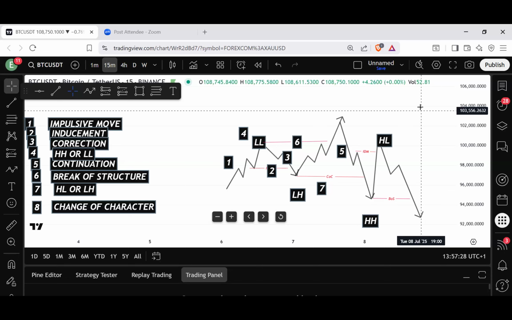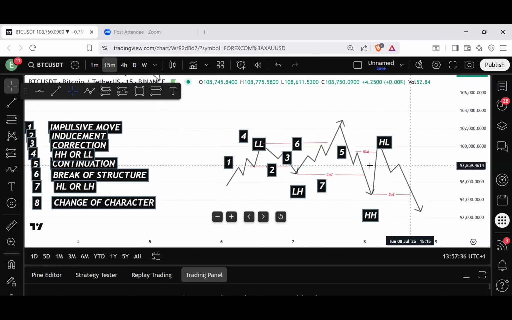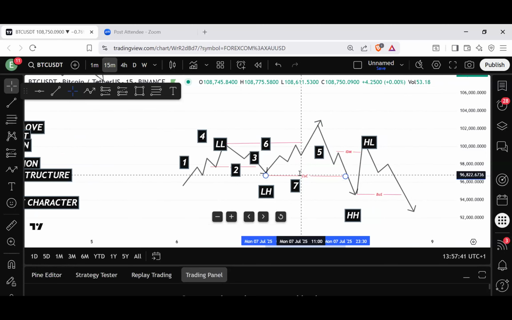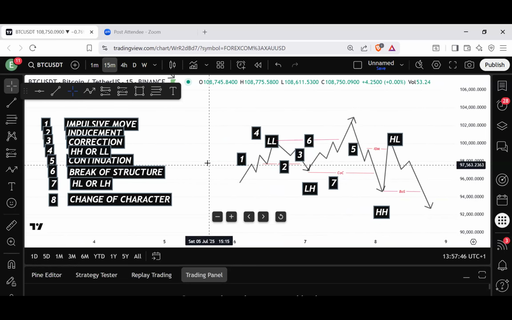So it's actually what I was hoping we would talk about today. The change of character without point of interest, that's what we've learned here. That's the one with point of interest.